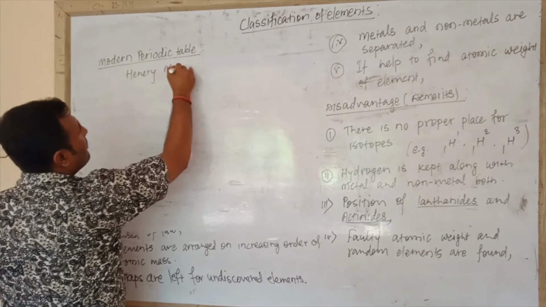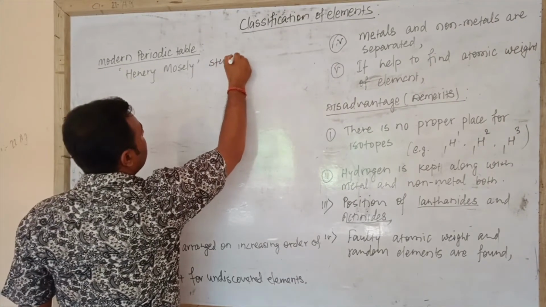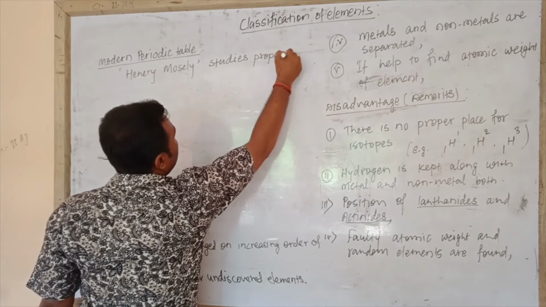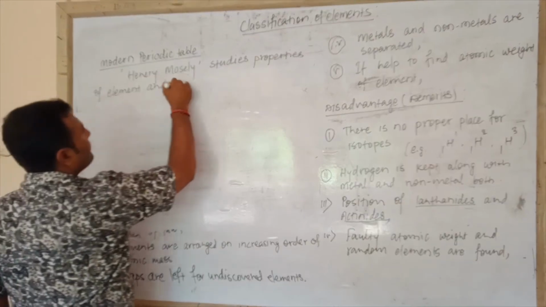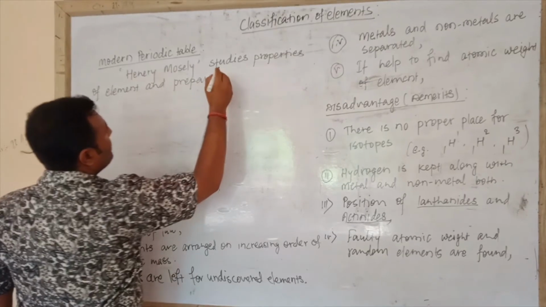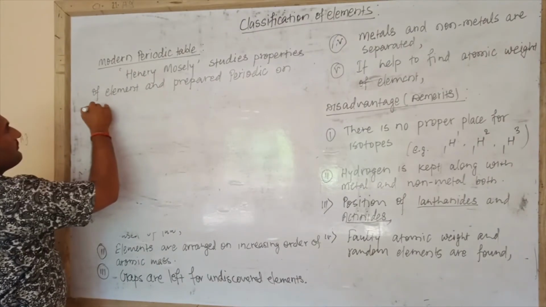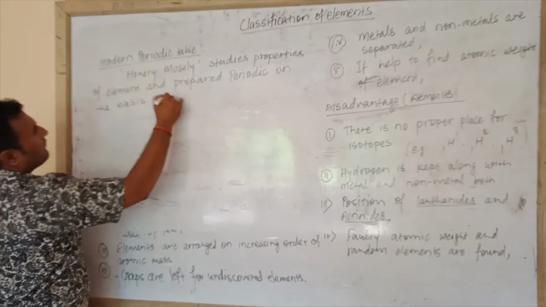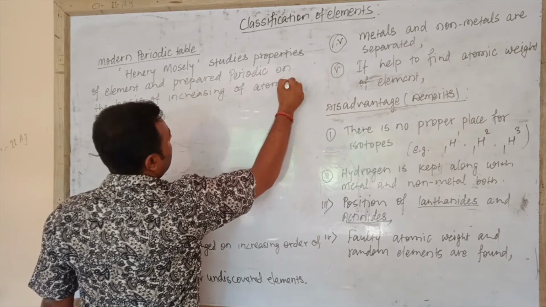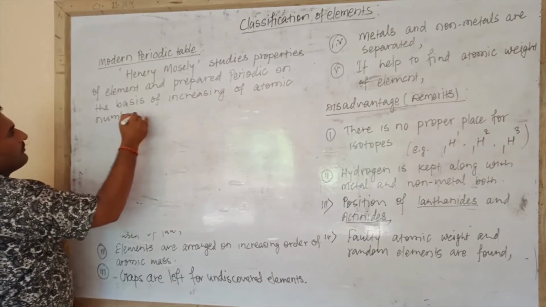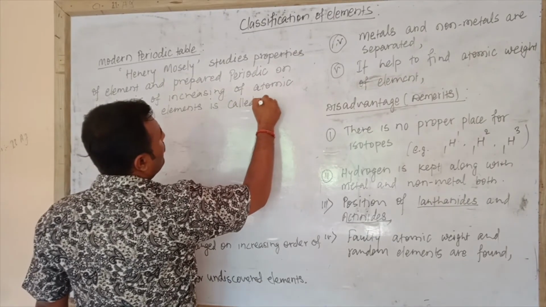Henry Moseley studied the properties of elements and prepared a periodic table on the basis of increasing order of atomic number of elements, which is called the modern periodic table.